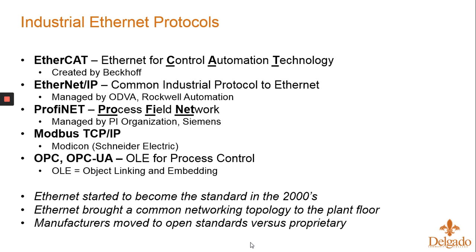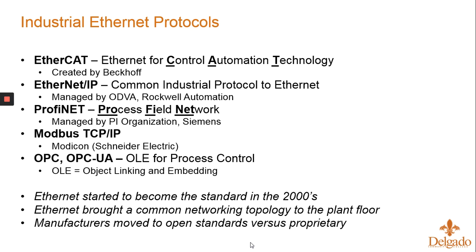So, last slide on the Ethernet discussion, and this is basically to talk about some of the protocols. Another common misconception perhaps is that if it's all on the Ethernet cable, it's all going to talk to each other. And that is wrong, furthest from the truth.